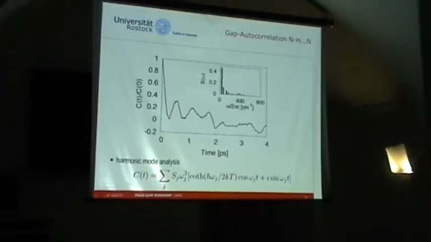Okay, but for the NHN case, once we have this cumulant expansion, we can go and check this autocorrelation function of the gap fluctuations, which is shown here. By assuming a very simple model, this Brownian oscillator model, we fitted this correlation function to the result you get from the Brownian oscillator model, just to get some idea of the distribution of coupling strength here. And we fitted it to about 20 modes or so.